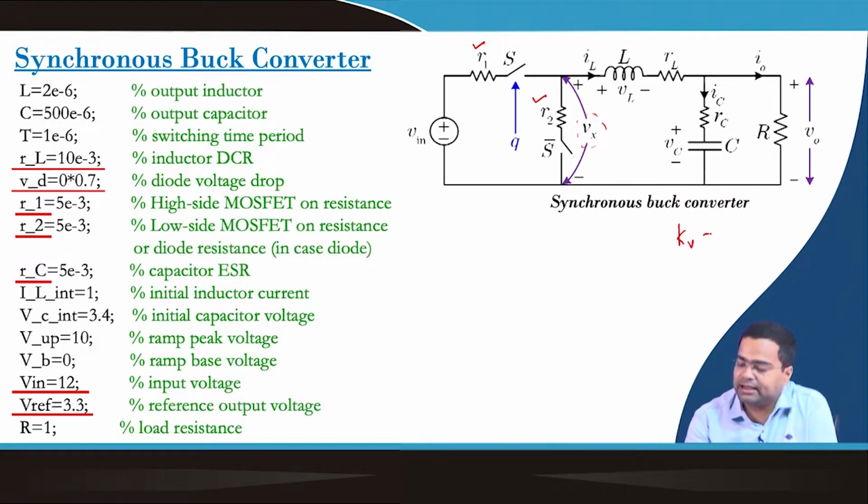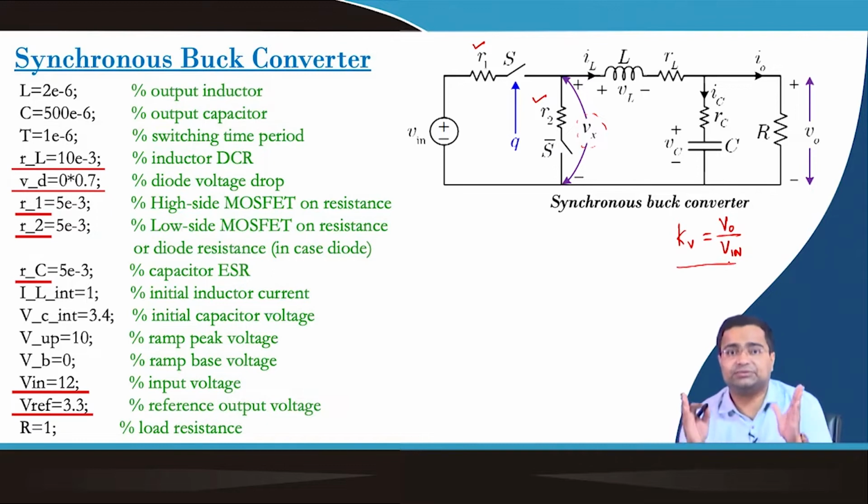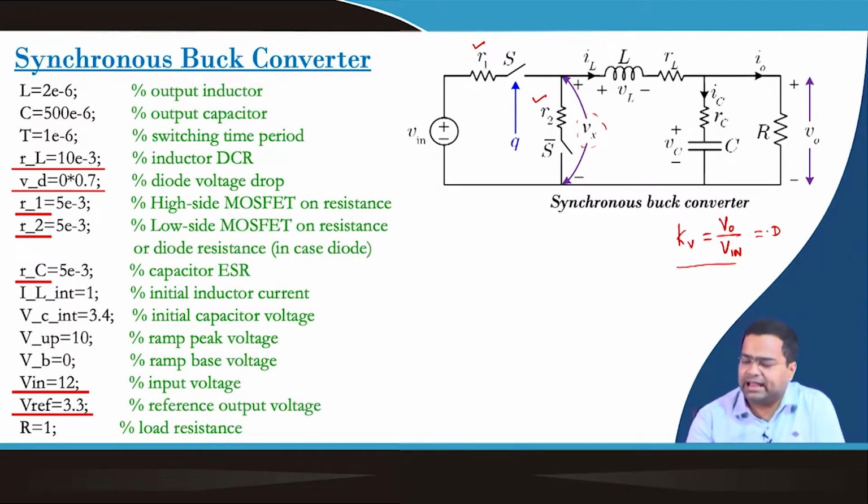Kv is equal to V0 by Vin. That means this is the voltage gain, and if we operate under steady state condition at a fixed switching frequency, then we can take this as my duty ratio and check whether we can get the desired voltage, which is equal to Vref. Can we get it or not if we take D equal to Vref by Vin?